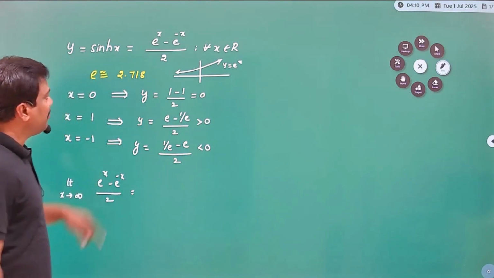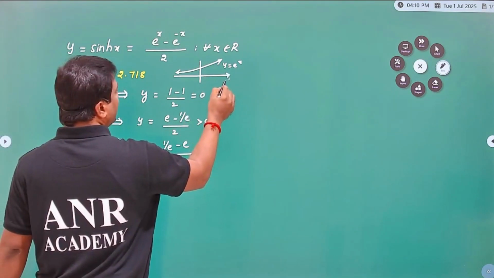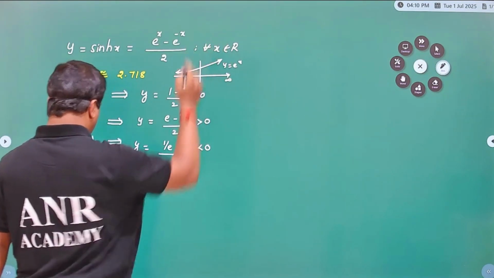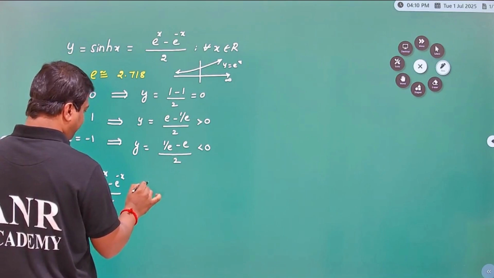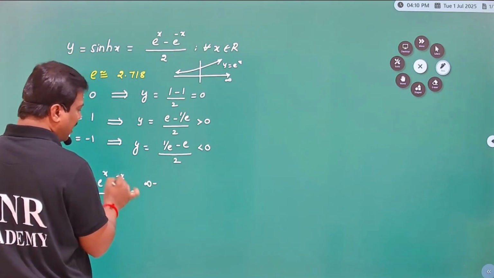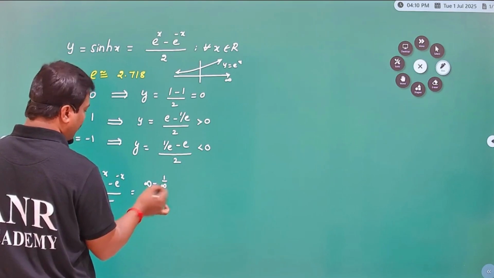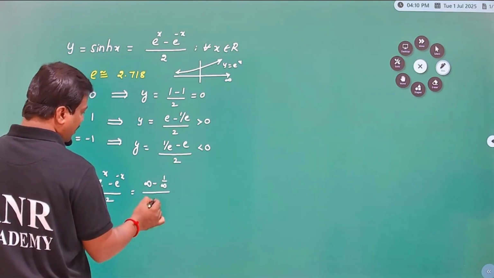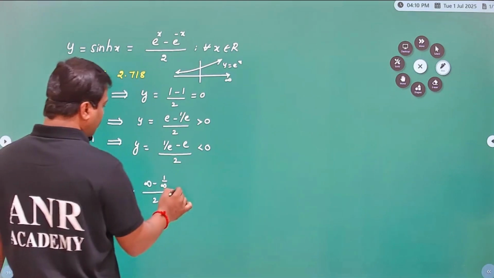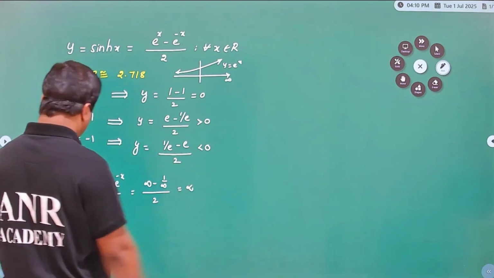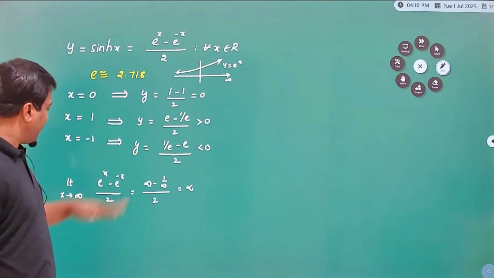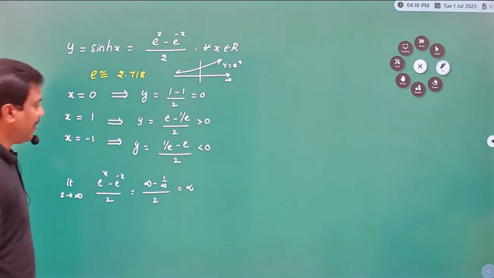As x extends to infinity, the exponential function also approaches infinity. This is 1 by e power x. So 1 by infinity, divided by 2. So you will get a large quantity divided by 2, that is, you will get an infinitely large quantity.